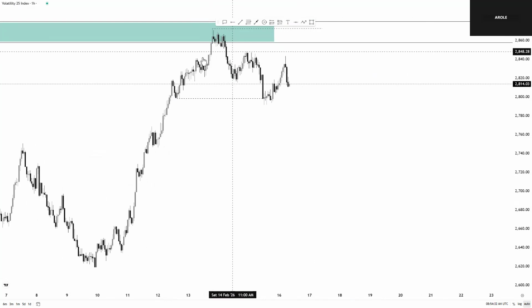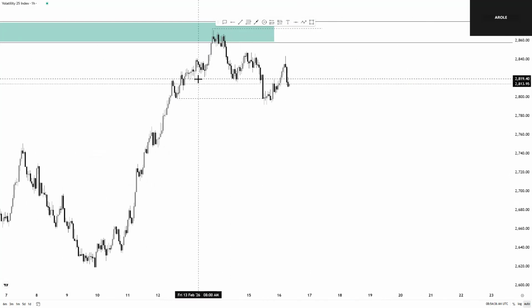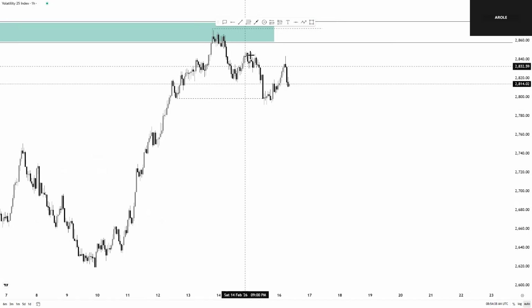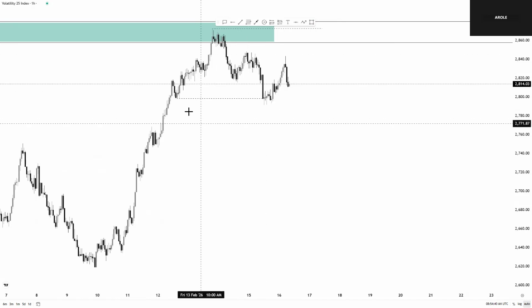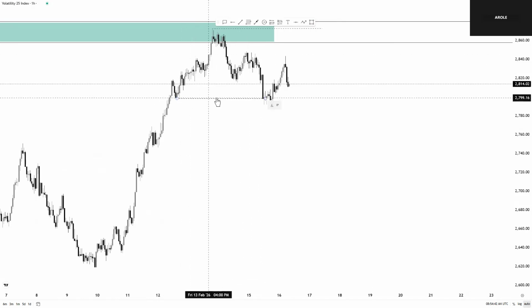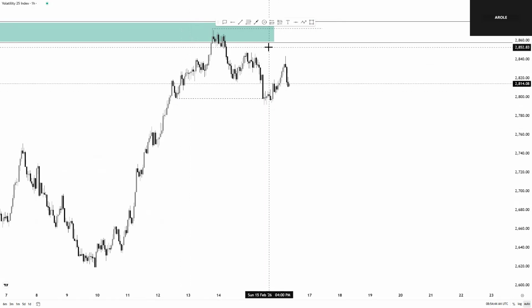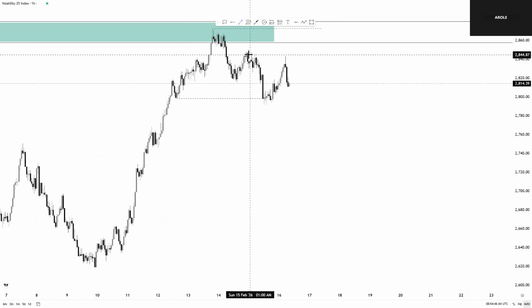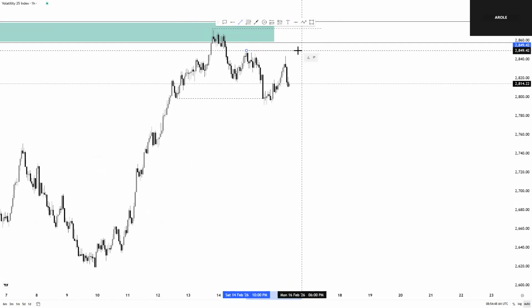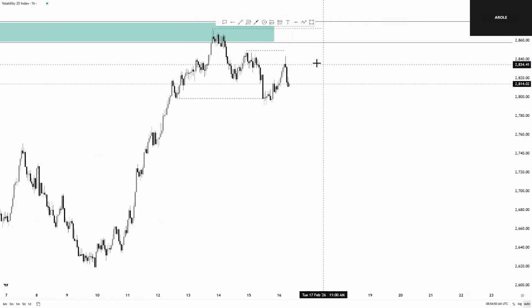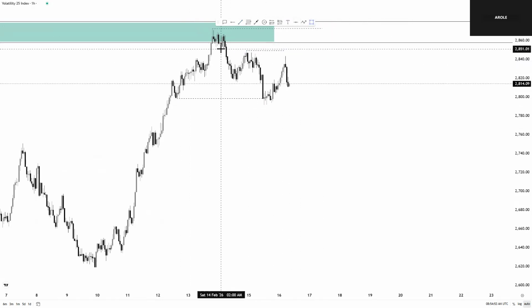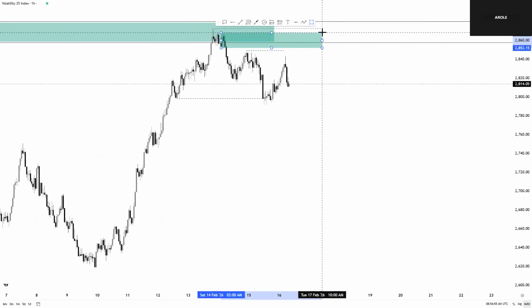And what happened after price swept this liquidity? It took out this low, created this liquidity, then took out this low as well, which eventually means that this point here serves as a liquidity, and price can eventually come into this zone and continue selling.